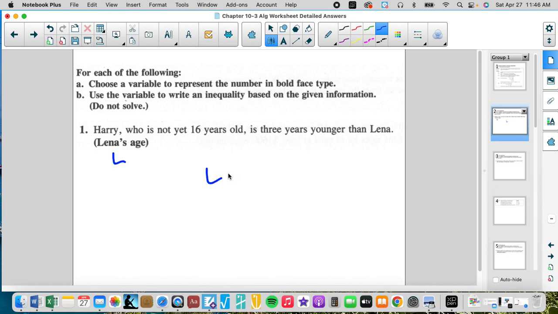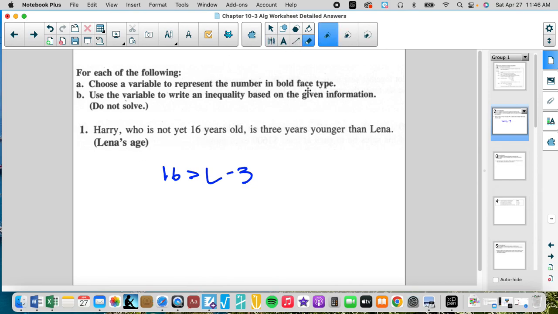So if you take Lena's age and you subtract 3, that is going to be not yet, so it will be less than 16.